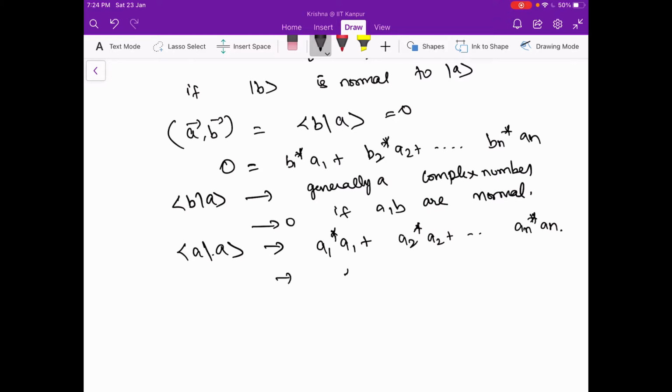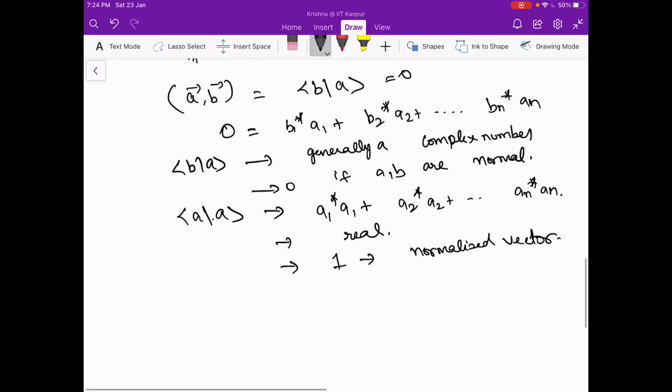So this number is always going to be real, and if it is 1, the vector is called a normalized vector, right? And if this value is less than infinity, then the vector lies in the Hilbert space. This is what we saw, right? This is called square integrable, and so this is basically mod square. So if a vector is square integrable, then it lives in the Hilbert space, right?